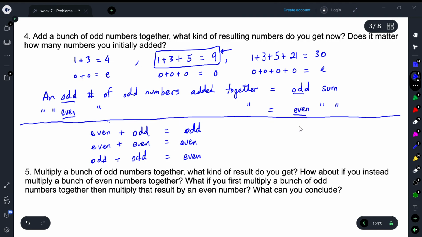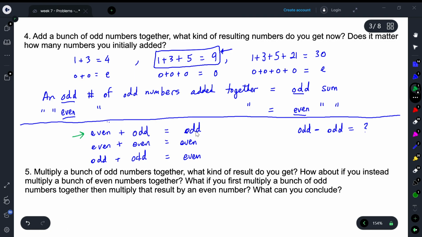What about odd minus odd? Do we have to do all this work again for subtraction? Take a minute and think about it. See if you can find a quick explanation using what we just saw for whether an odd minus an odd equals an even or an odd. So one way to think about it is to look at this first equation right here. Notice an even plus an odd is equal to an odd.